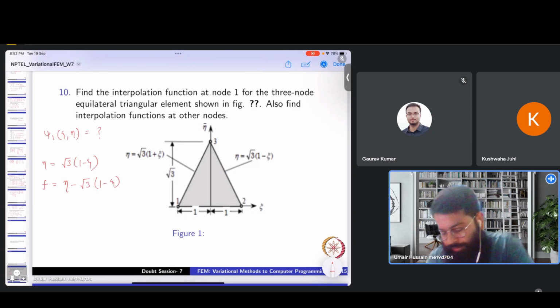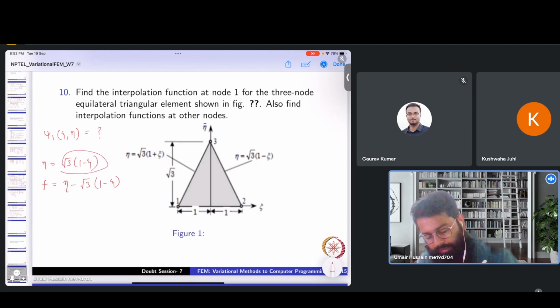If you see, I took the left hand side to the right hand side, so what you'll have is this minus this equals 0, right?